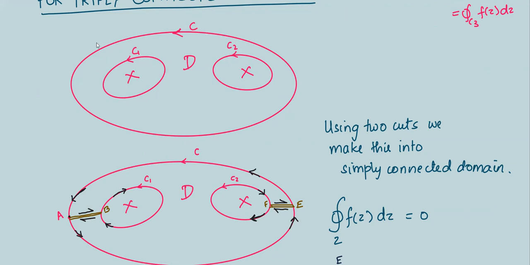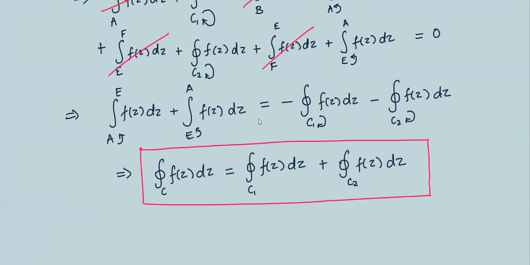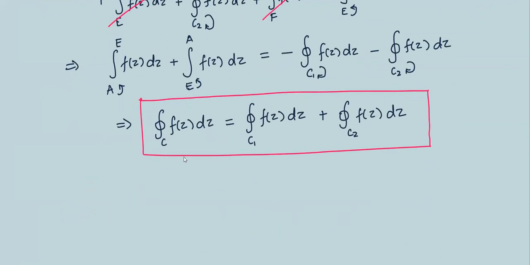So if my outer circle or outer path encloses two inner boundaries, then my outer integral will be the sum of the inner integrals. Okay. So similarly, we can extend to quadruply connected domains.